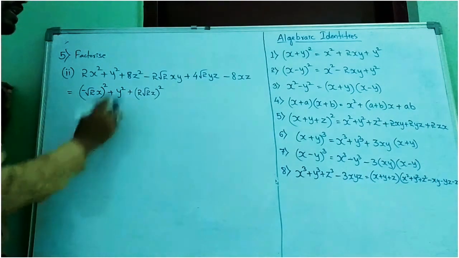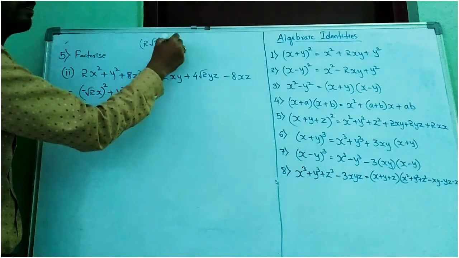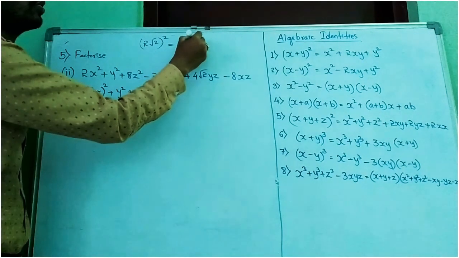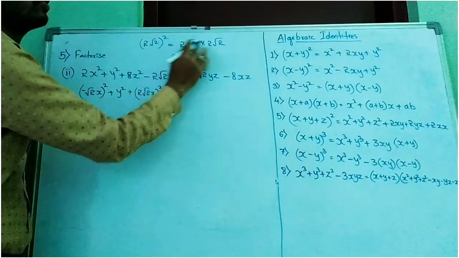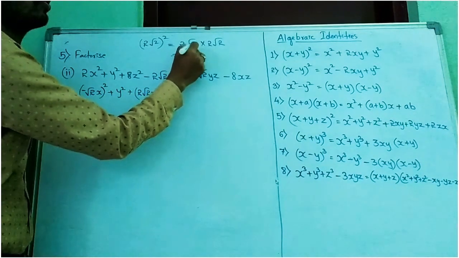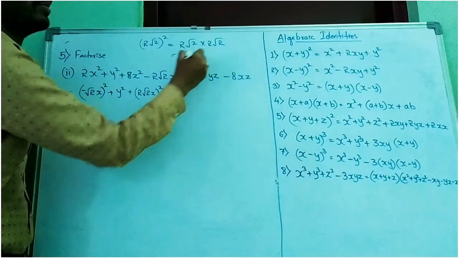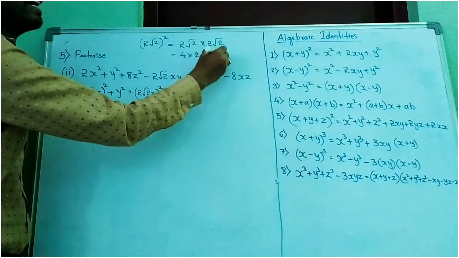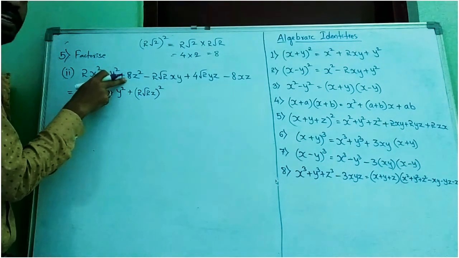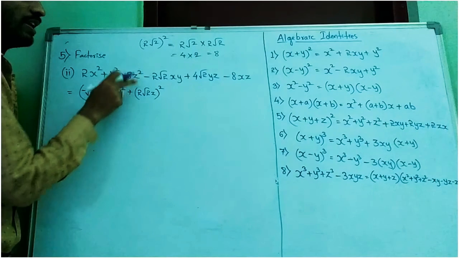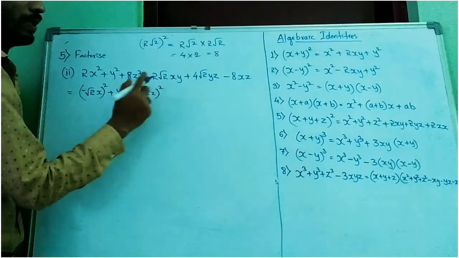How will it be possible? See here, 2 root 2 whole square means 2 root 2 into 2 root 2. 2 2s are 4, root 2 into root 2 is 2, so 4 2s are 8. By calculating back, we got the 8. That's why 8z square I have split as 2 root 2 z whole square.